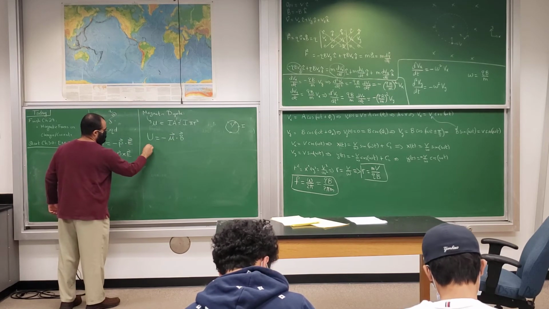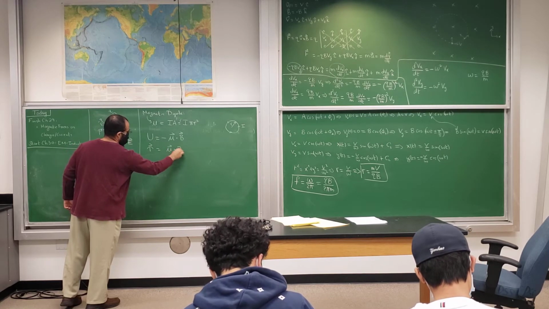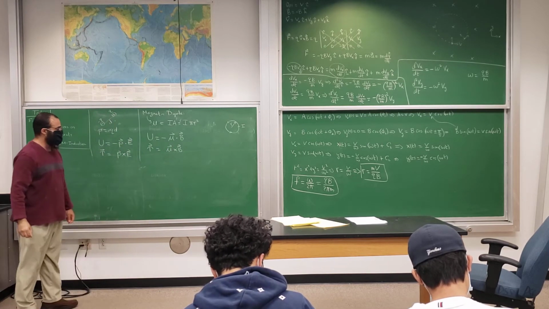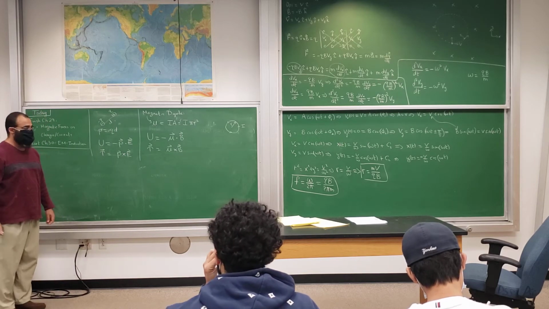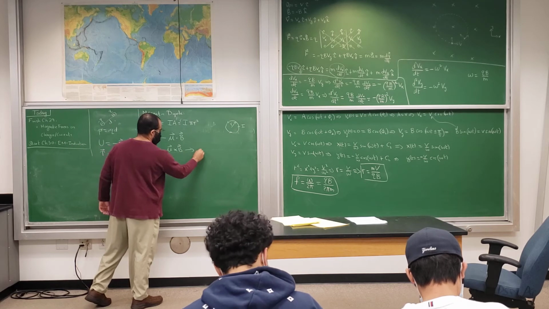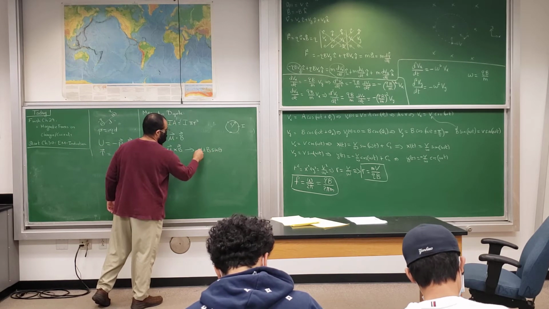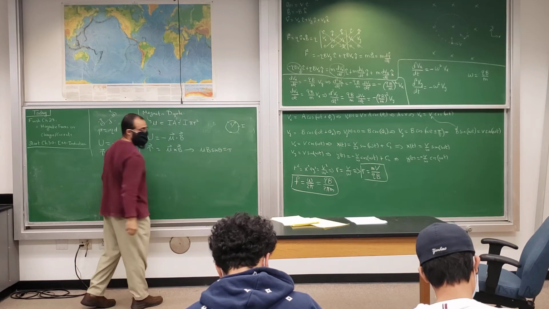And the torque is mu crossed with B. Of course, the magnitude is mu times B times sine of psi, for the torque.